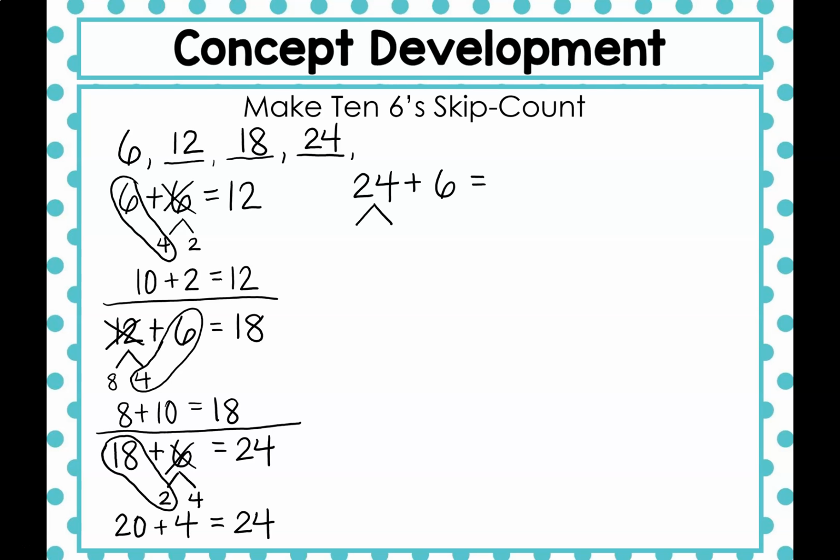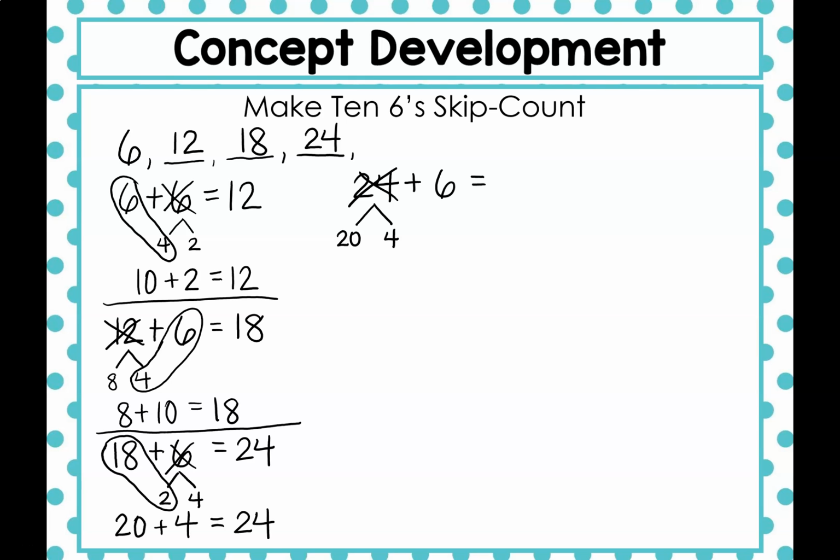Okay, so that's why it's important to look for which number could you add to the other to make it a number that ends in 0. So that's kind of the tricky part, is knowing which number to break down. So let's break down 24 into 20 and 4. Now why did I do that? We broke down 24. Why did I break it into 20 and 4?